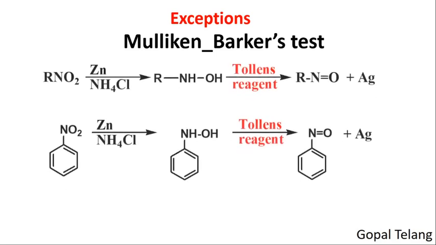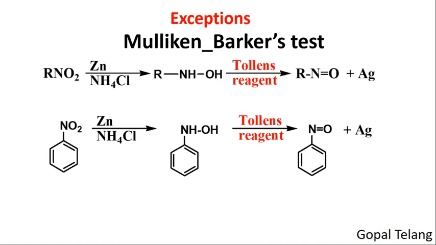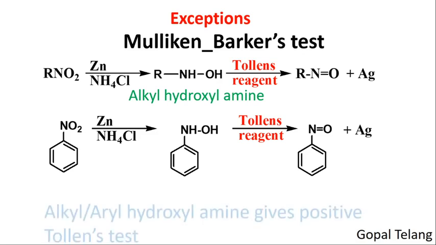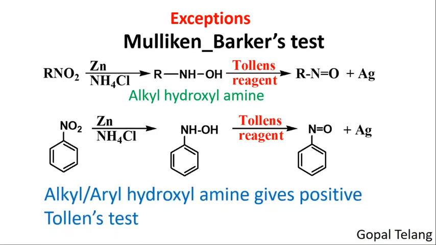Now we see the reactions. The nitro compounds are converted into alkyl or aryl hydroxylamines, which on treatment with Tollens reagent give nitroso compounds and a silver mirror. Therefore, we have to remember alkyl and aryl hydroxylamines also give a positive test.